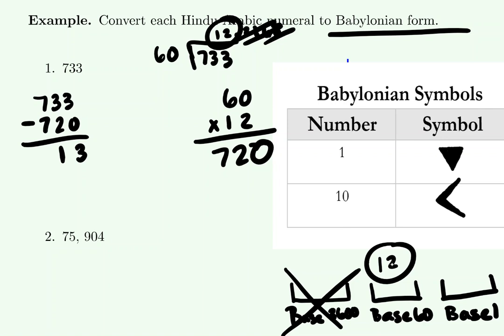We always go from the highest base to the smallest. After we've taken care of base 60, we've got 13 remaining for base 1, which could just be written with 13 ones. So we need to represent 13 in the base 1 and 12 in the base 60 position in Babylonian symbols.